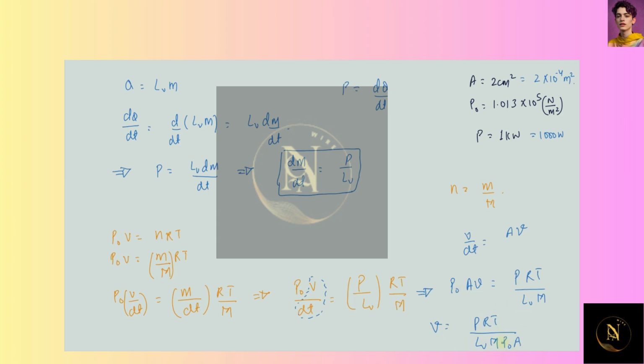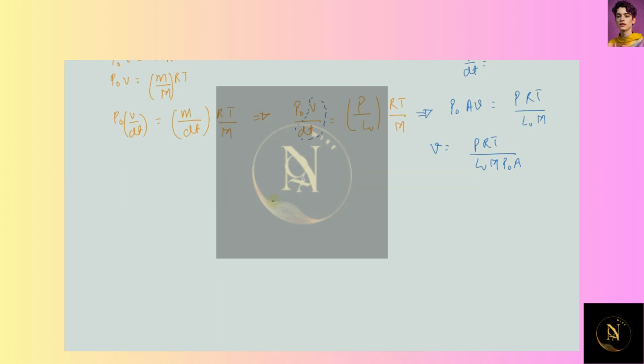Now we can substitute all the values here to calculate the velocity. So velocity will be equal to, P here is power, and power we are given as 1000 watt, that means joule per second, times R, the universal gas constant whose value is 8.314 joule per Kelvin mole, times the temperature, which is 373, because it's a vapor at 100 degrees Celsius. So if we convert 100 degrees Celsius into Kelvin, we'll get 373 Kelvin.